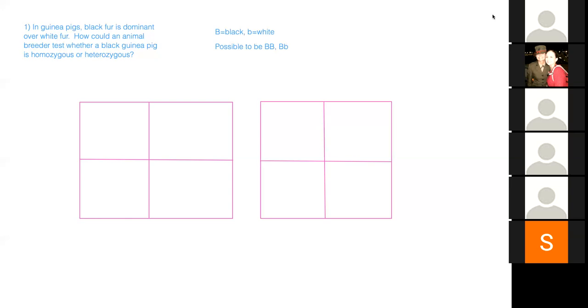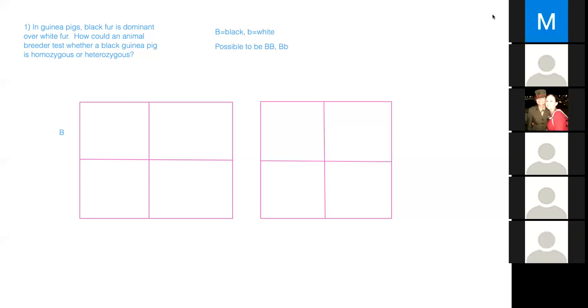Well, if we do the cross, let's say we have two possible options that we've already said. We can have a big B, big B as one possibility for the black animal. And what was the other one? Big B, little b.